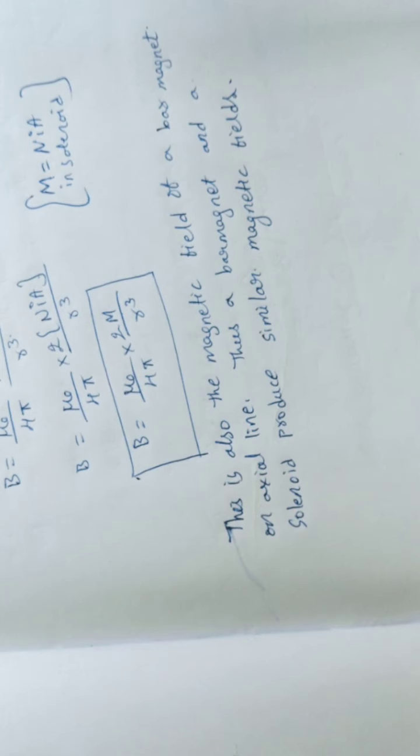A bar magnet and a current carrying solenoid produce similar magnetic fields. So finally we may conclude that a current carrying solenoid behaves as a bar magnet only. Is it clear, students?